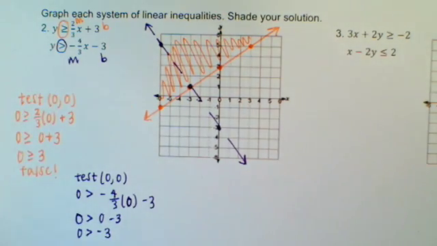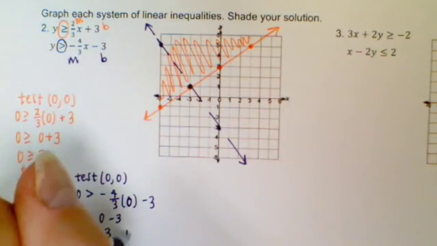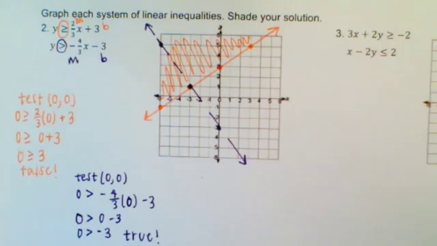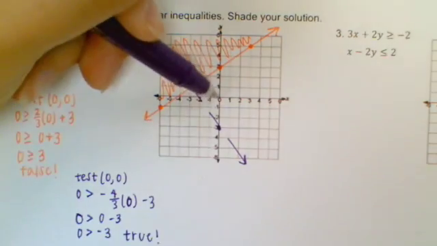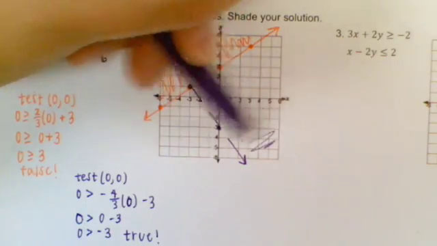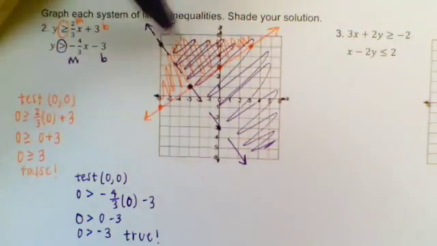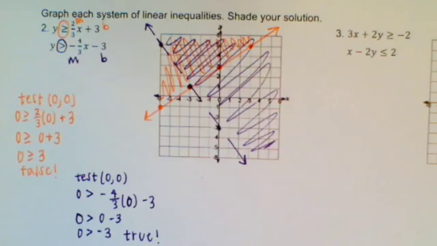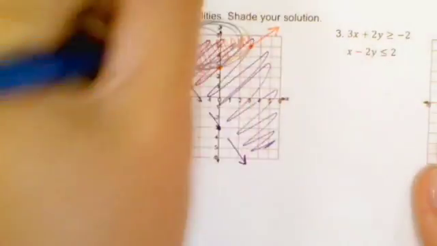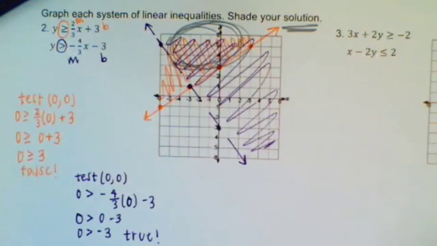Is that statement true? Yes, it is. 0 is greater than all negative numbers. So because that's true, here's my point 0, 0. So I have to shade on this side of the graph because that's a solution. Now, where the two shadings intersect is where your solution is, okay? So this area, those are your solutions.